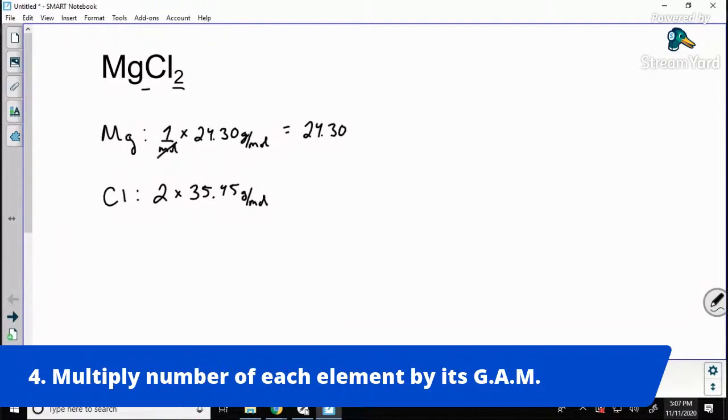So if we want to think in terms of units, units cancel, and I would have 24.30 grams of magnesium within that compound. Same thing with chlorine. That's technically 2 moles of chlorine. So unit-wise, moles would cancel. And 2 times 35.45 is 70.90 in the units of grams.